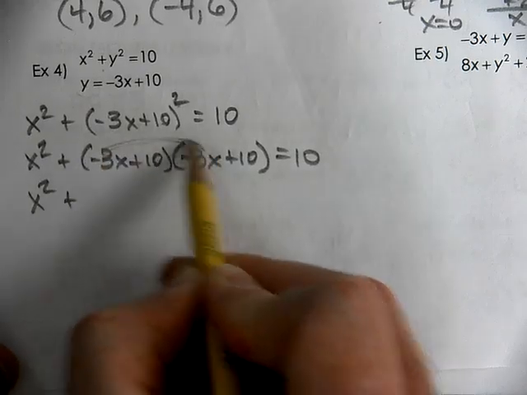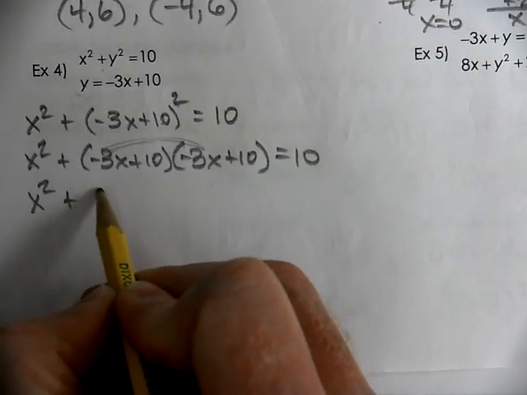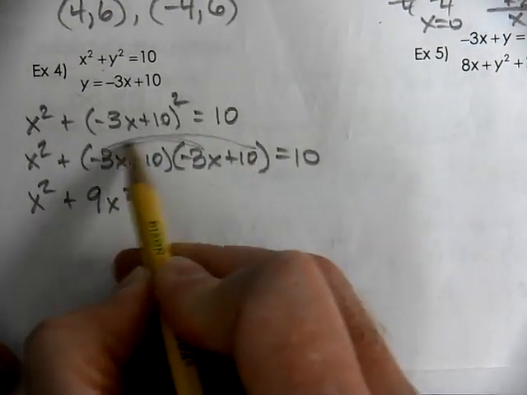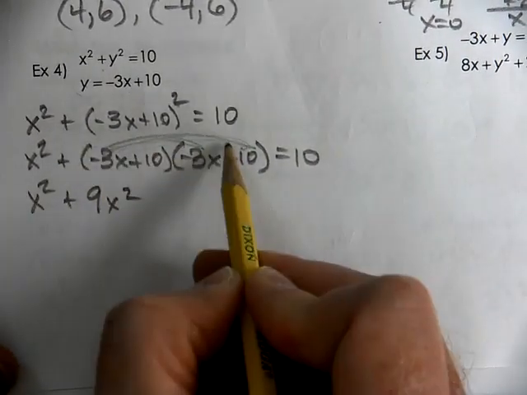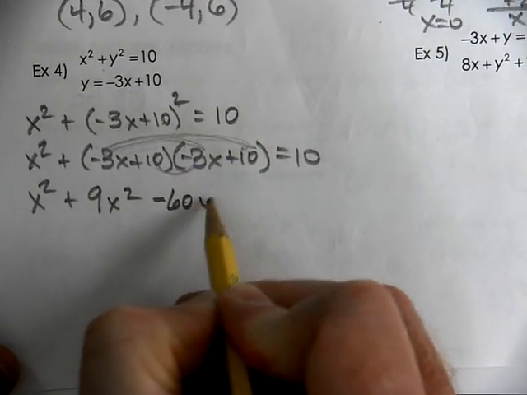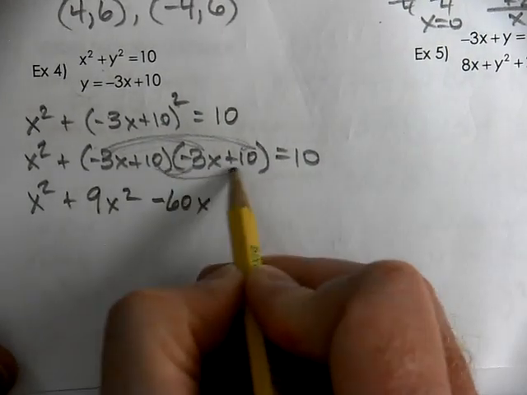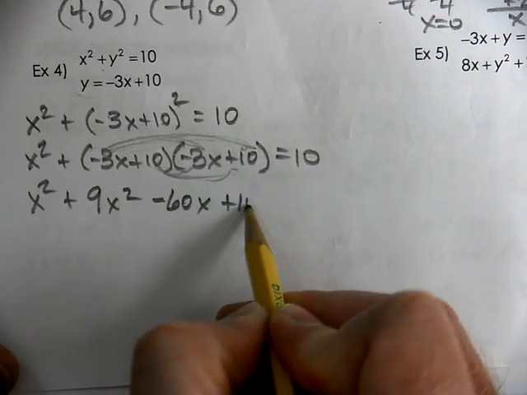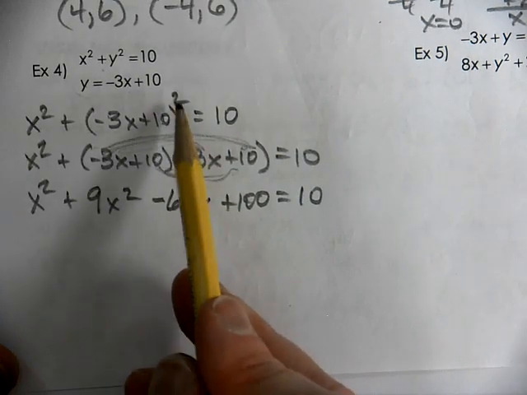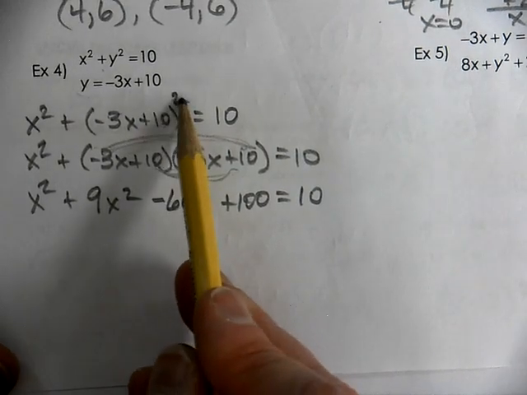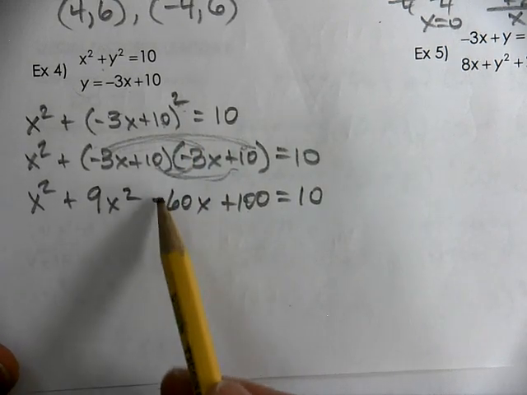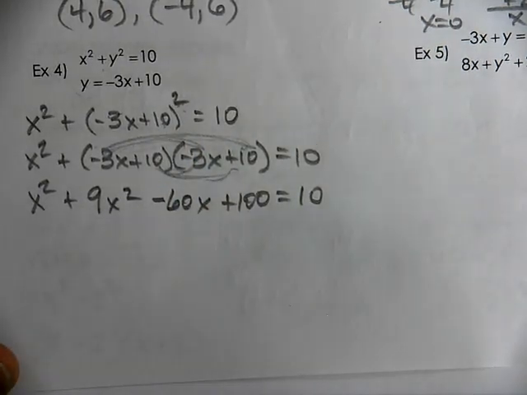We're going to say 3 times 3 gives us 9x squared. 3 times 10 would be negative 30. Another negative 30 is negative 60x. And 10 times 10 is 100. So if you notice, if you would have distributed, you would have gotten positive 9x squared and positive 100, but you never would have had your b term in between.